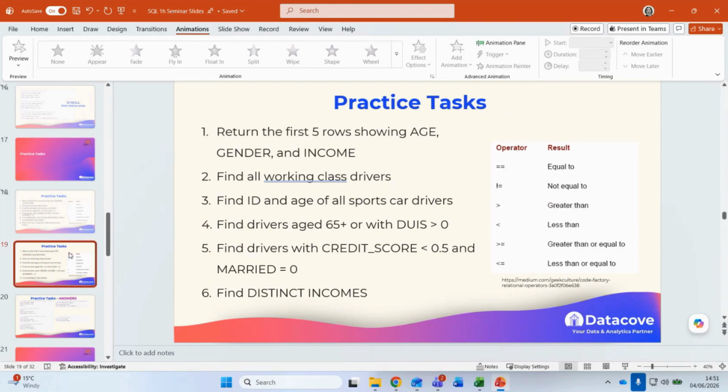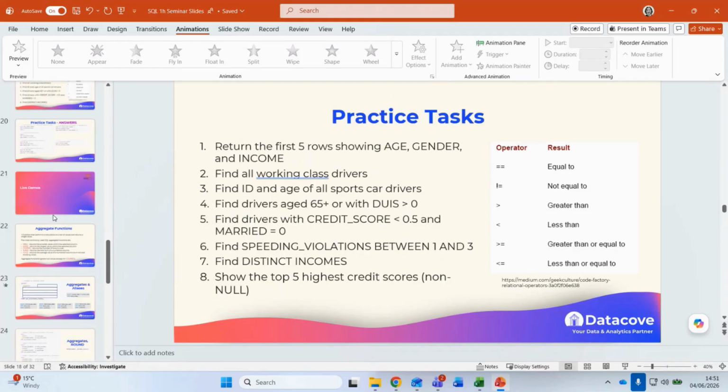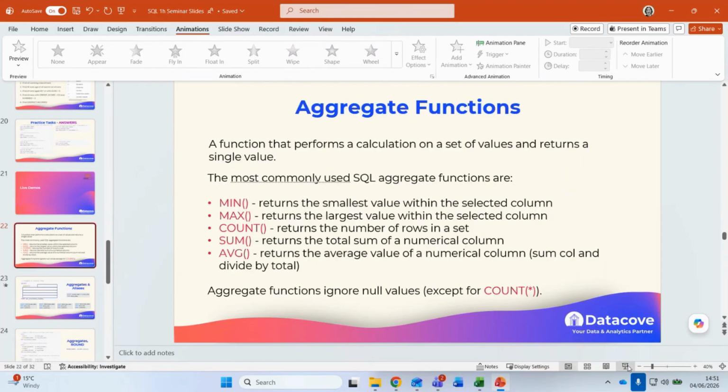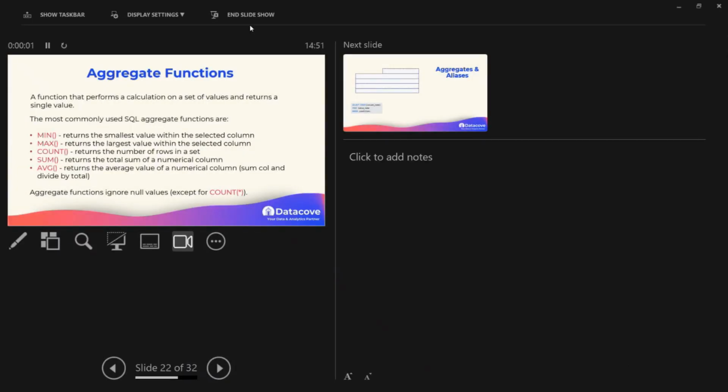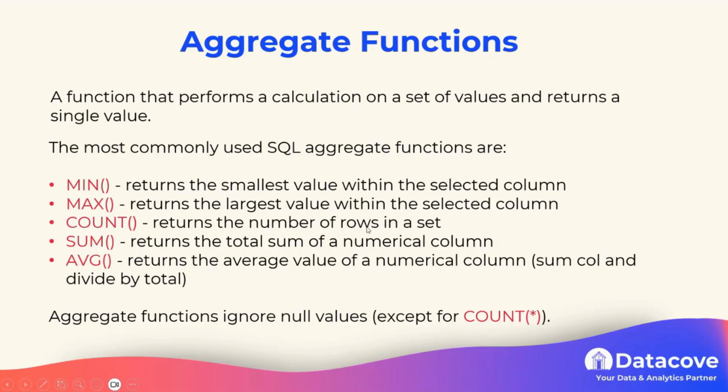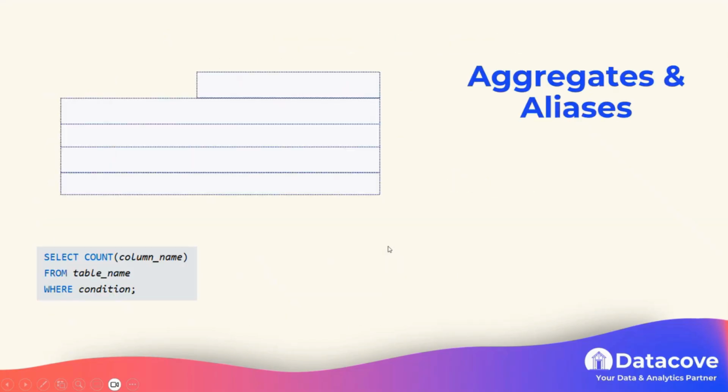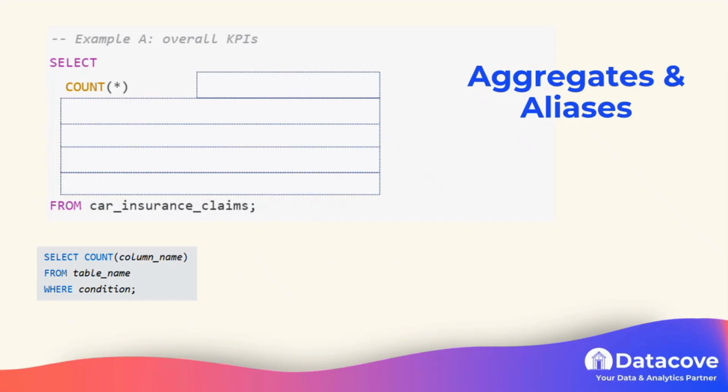Let's do that one. Flip those over again. Okay, so let's look at these together. There's also another thing called an alias. So we'll have a little look.